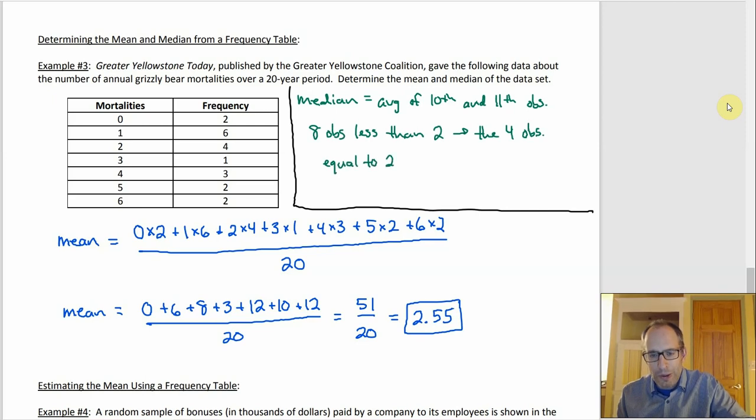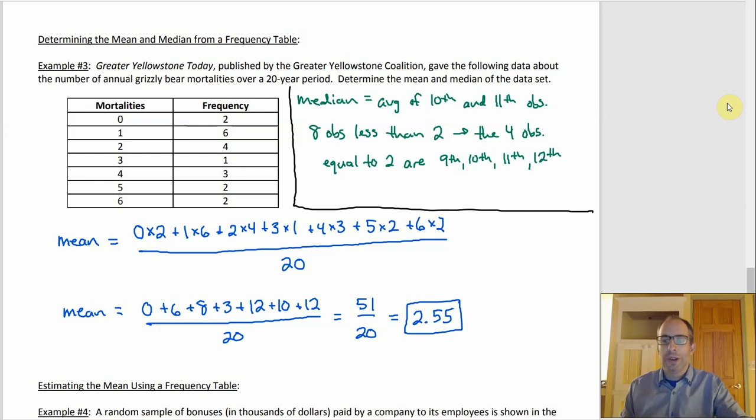equal to 2 are going to be 9th, 10th, 11th, and 12th, right? If they were in order, that's the positions they'd be in because the first 8 are zeros and ones. So in these next 4, okay, that's 9, 10, 11, 12 in order. Okay, well, we need the 10th and the 11th. They're both 2s.